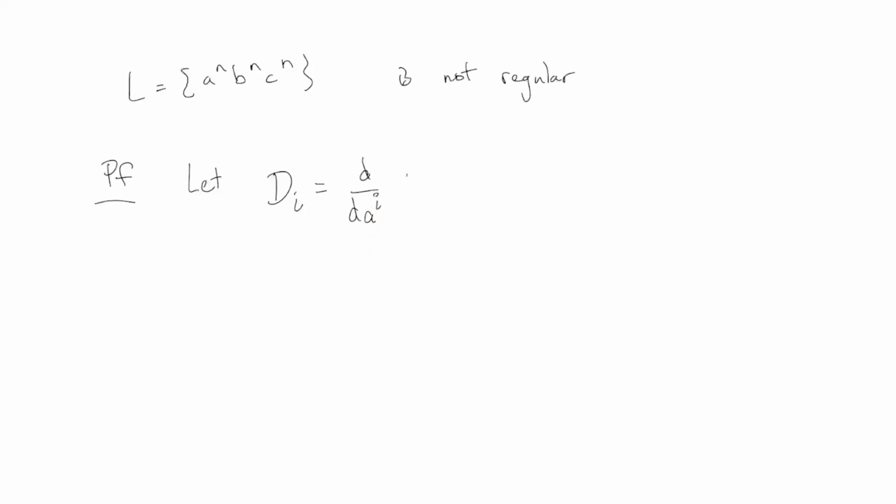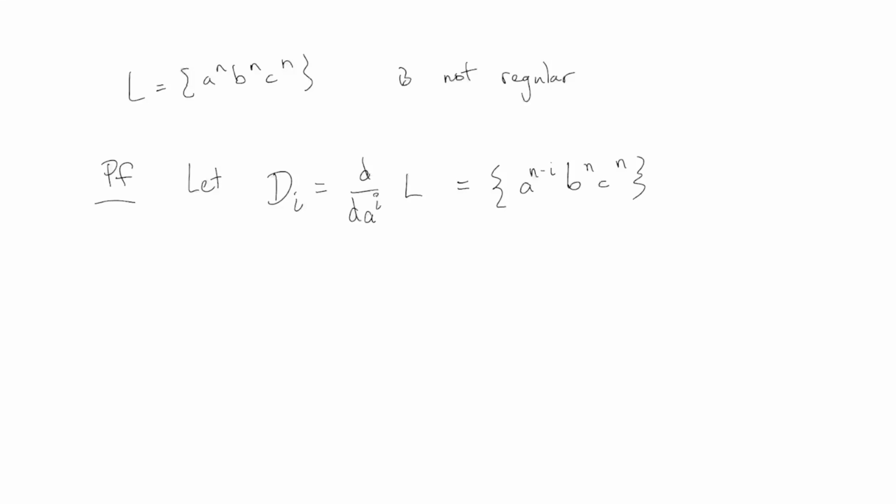I'm going to call this D_i, the derivative of L, and what would that look like when you write it as a language? It looks like this, right? That's the format of these derivatives: a^(n-i) b^n c^n.